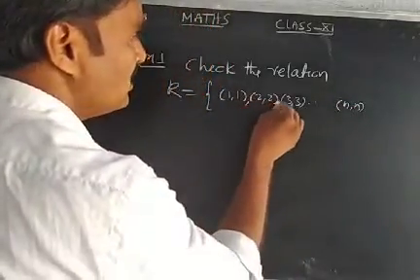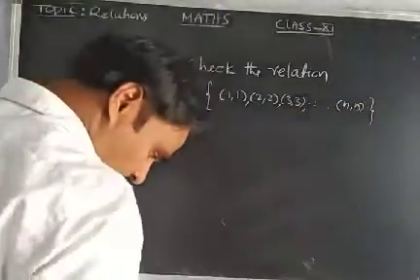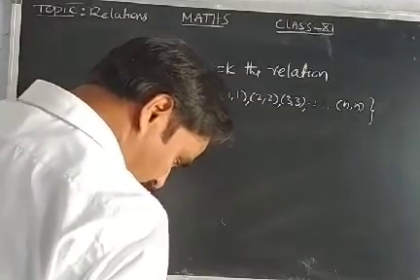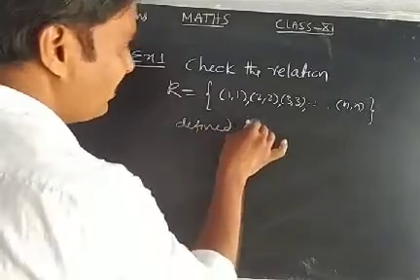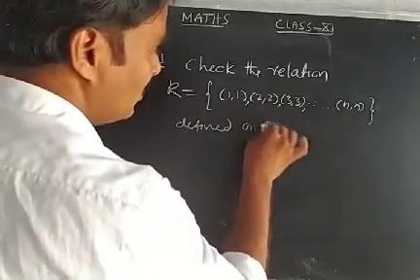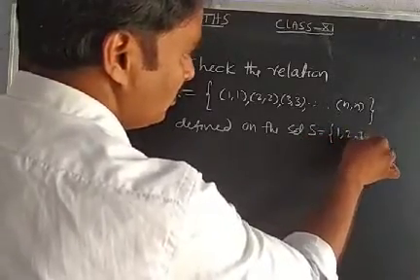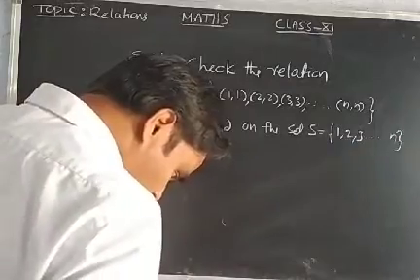So we have the ordered pairs (1, 1), (2, 2), (3, 3), and so on, (n, n), defined on the set S. R is defined on the set S, which contains 1, 2, 3, and so on up to n.